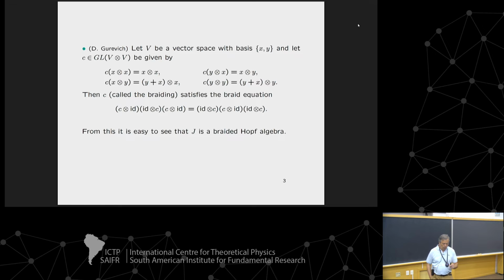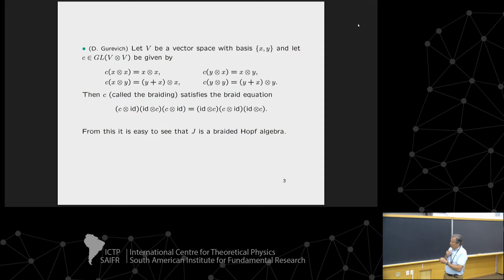I don't want to go into details because it's not important for what I will do, but I simply will remind that a braid equation is this: given an invertible linear map c from V tensor V to itself, we say that c is a braiding, or that it satisfies the braid equation, if it satisfies this.